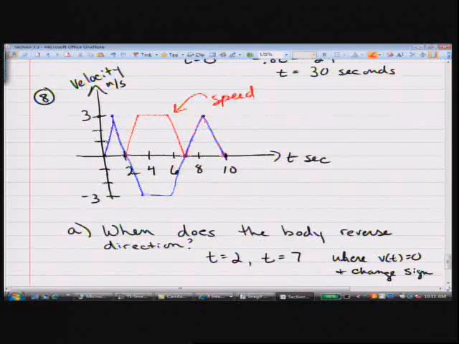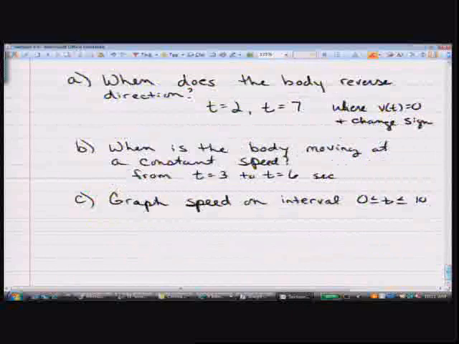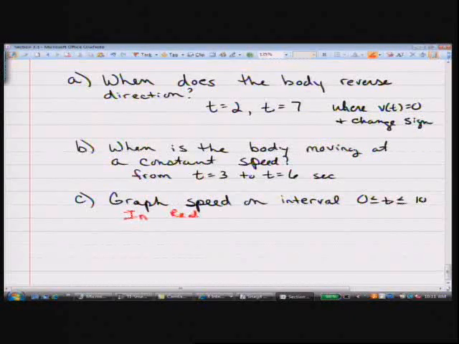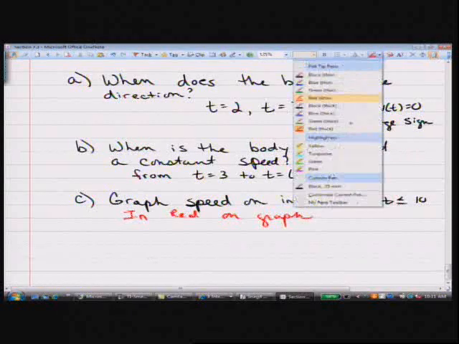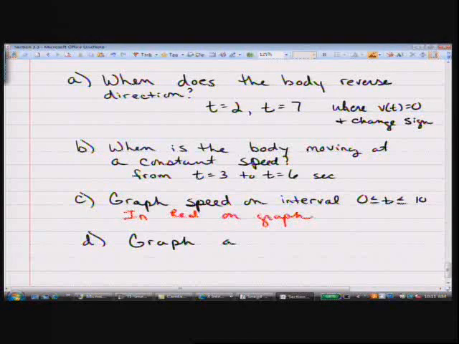Yes, that's speed. That's the red graph. And then you're asked to graph the acceleration where defined. We kind of did one like this last time, or maybe last week sometime.